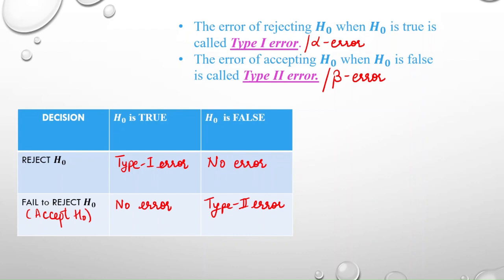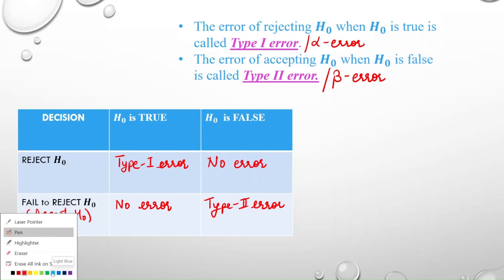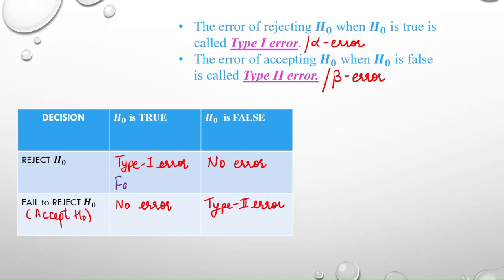Type 1 error is also known as false positive. So let me write it with another color pen. False positive. And the type 2 error is also known as false negative.